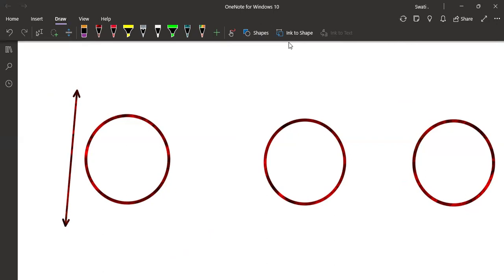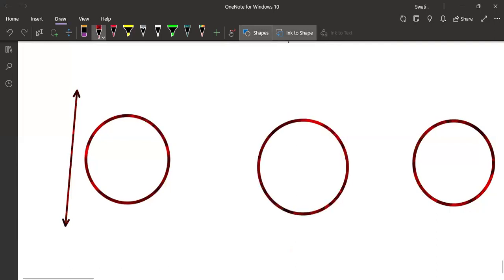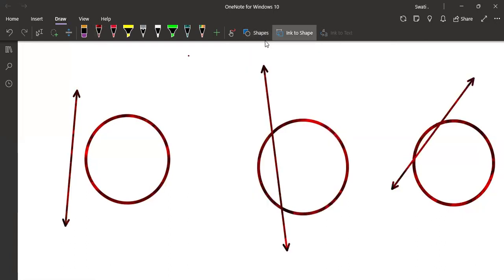And the third case, I'm just going to write down. Let me draw the circle and the line like this. And in the third case, the line is a little different. The line is passing like this.